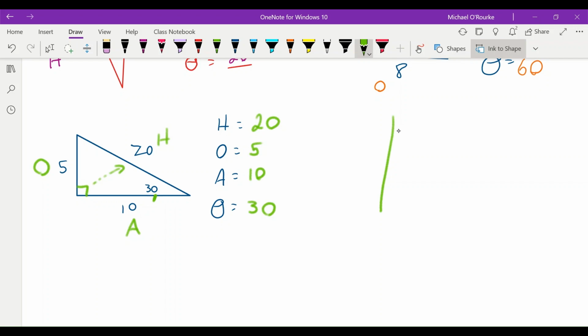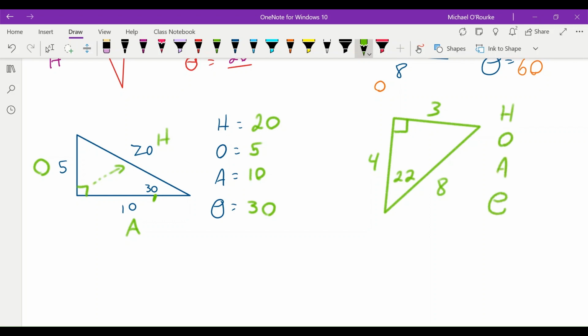So let's do another one. Let me put my angle on there right away. I'm going to put this one as 22, 8, 3, and 4. Oh, I forgot my H, O, A, and theta.